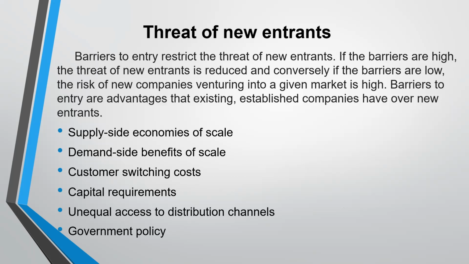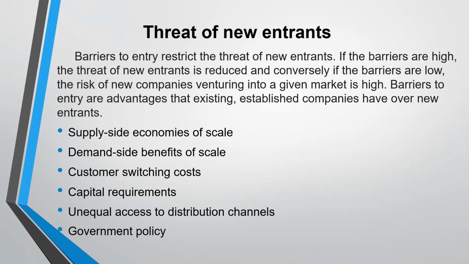So the next one is threat of new entrants. Barriers to entry restrict the threat of new entrants. If the barriers are high, the threat of new entrants is reduced, and conversely, if the barrier is low, the risk of new companies venturing into a given market is high.